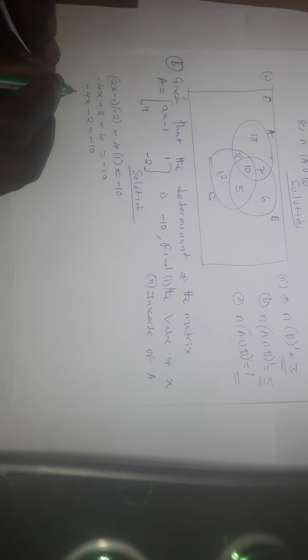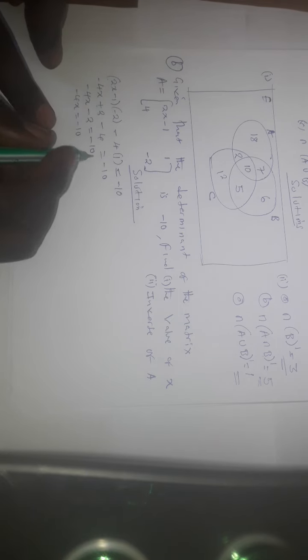From what we have, we can collect like terms, meaning we are going to have negative 4x, positive 2 minus 4 will give us negative 2, which will be equal to negative 10. Then negative 4x will be equal to negative 10. This negative 2 will come to the other side, it means it becomes positive 2.